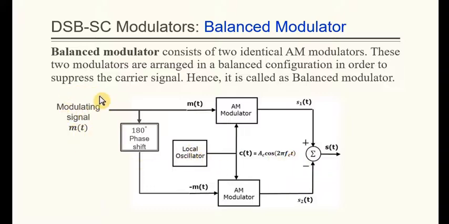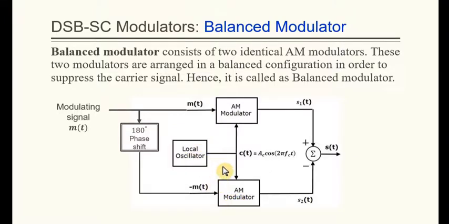We have the modulating signal or the message signal m of t, which is fed to the upper AM modulator, and a version of the message signal phase shifted by 180 degrees is fed to the bottom AM modulator. So we have m of t fed to the AM modulator at the top, and minus m of t fed to the AM modulator at the bottom channel.